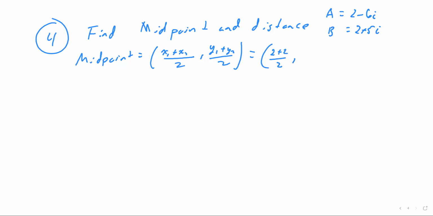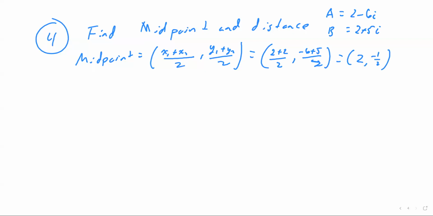And then it's going to be negative 6 plus 5I. And what's that give you? Oh, sorry. I need to write it out first. There we go. So 2 plus 2 divided by 2 is 2. Negative 6 plus 5 is negative 1. Good. And then the divide by 2.